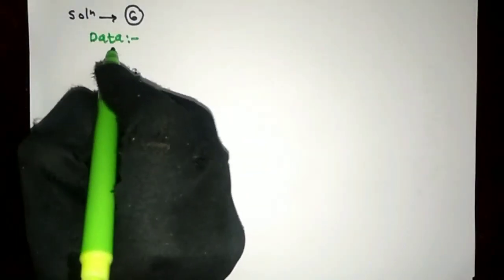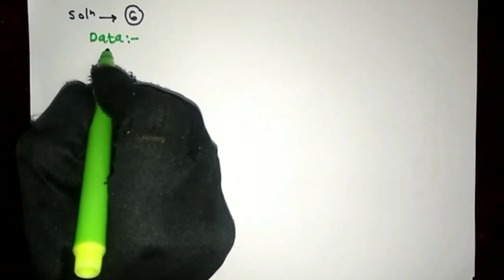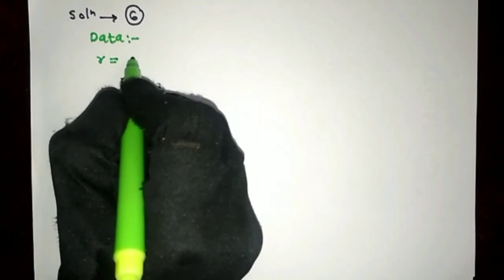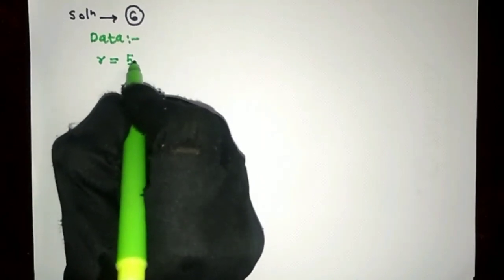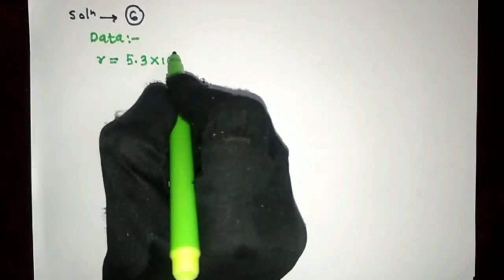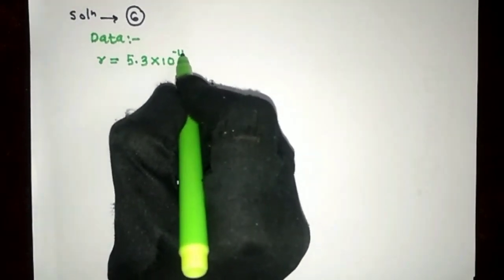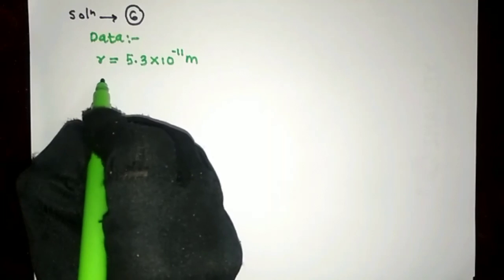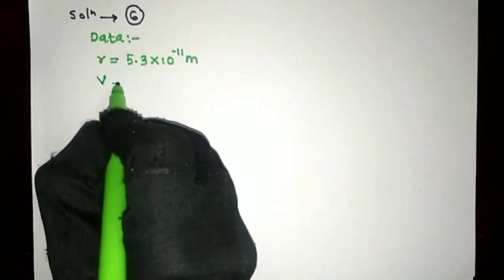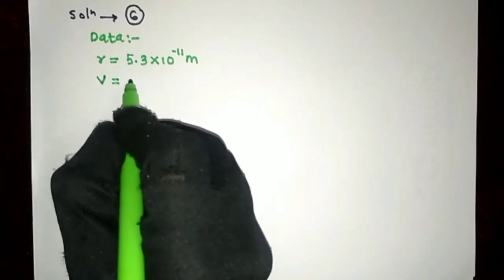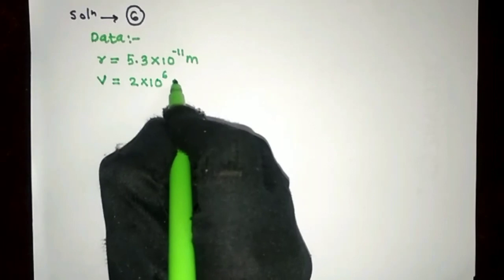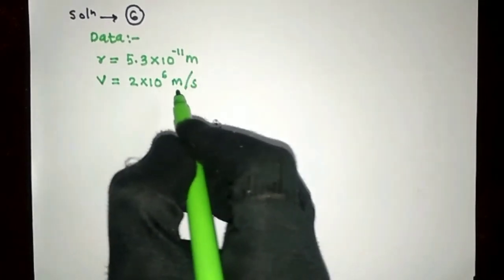First of all, we have been given the radius, that is r is equal to 5.3 into 10 raised to minus 11 meter. Then we have been given the speed of the electron, that is v, given as 2 into 10 raised to 6 meter per second.